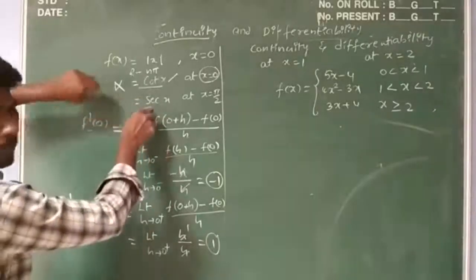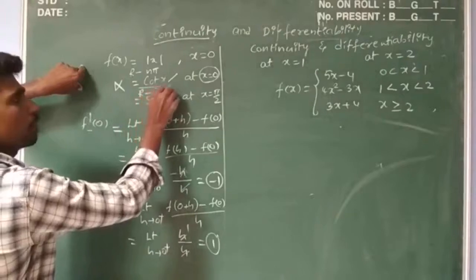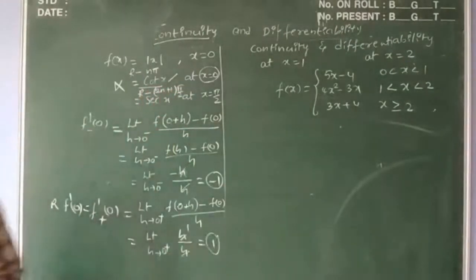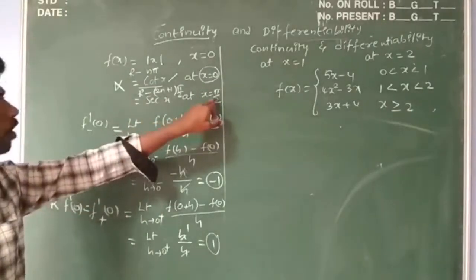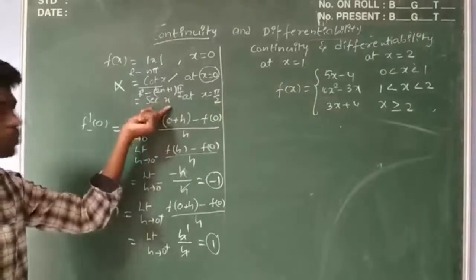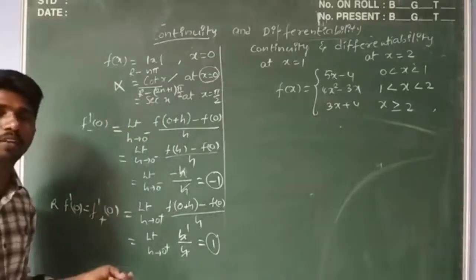Going to secant x. What is the domain of secant x? All real numbers minus (2n plus 1) pi by 2, that is, odd multiples of pi by 2. So x equal to pi by 2 does not belong to the domain of secant x.